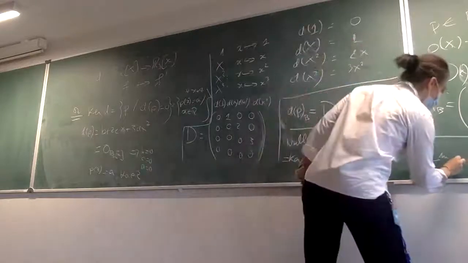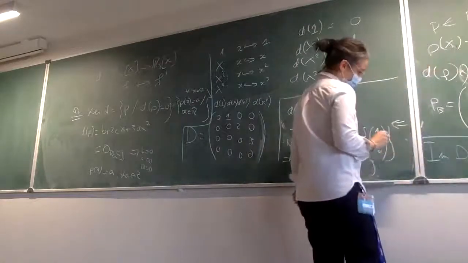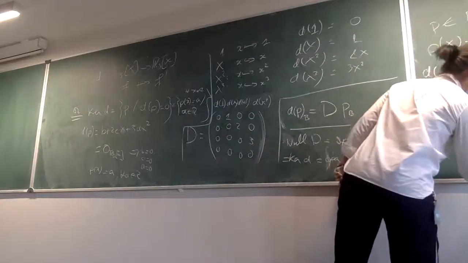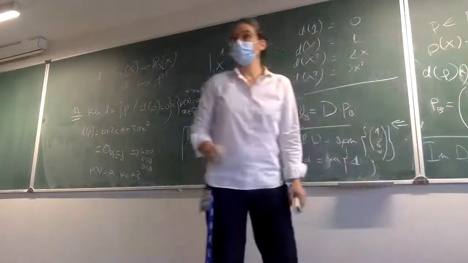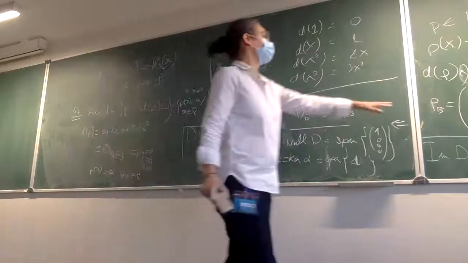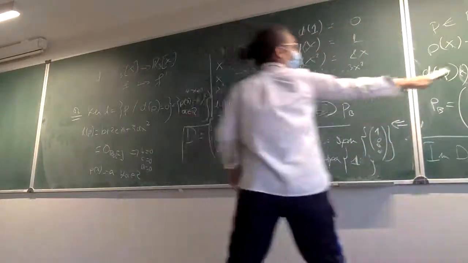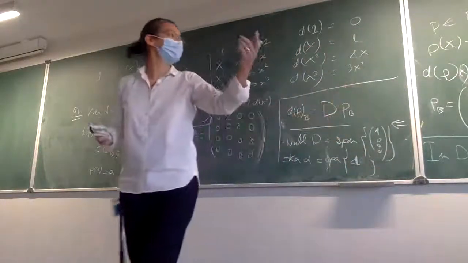Okay, so the image of D is, to sum up, the only space of dimension 3 defined as linear combinations of constants, x and x2.